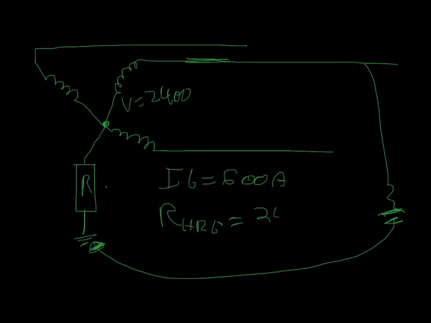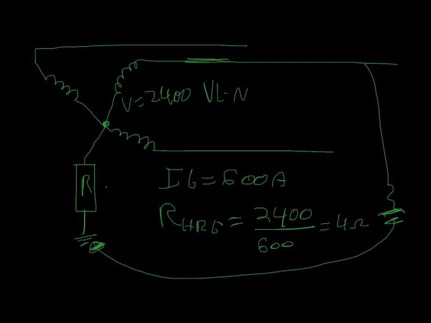So it's going to be 2400 volts divided by 600. And that's 4 ohms. So we're going to have 4 ohms here for a 2400. That's voltage, line to neutral.